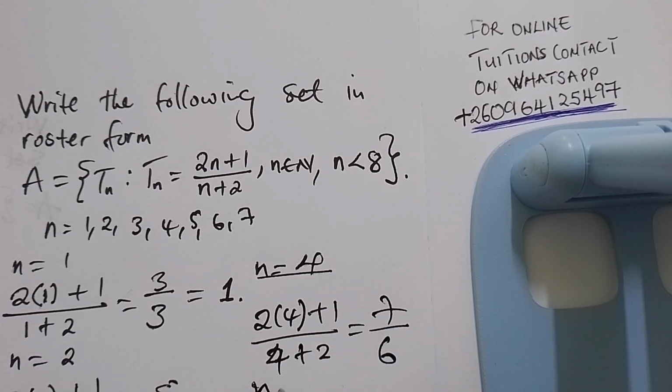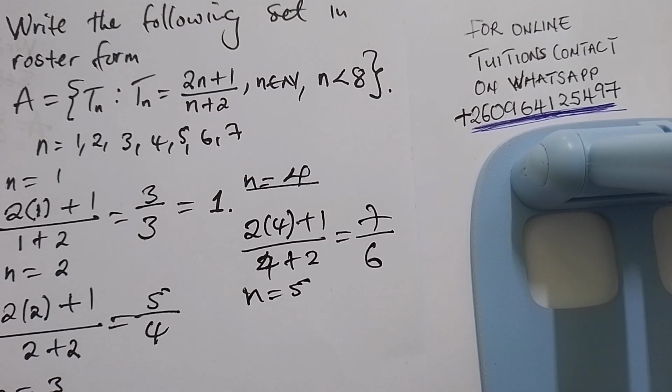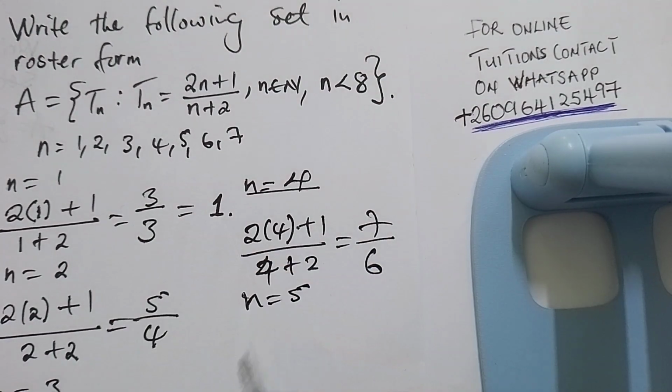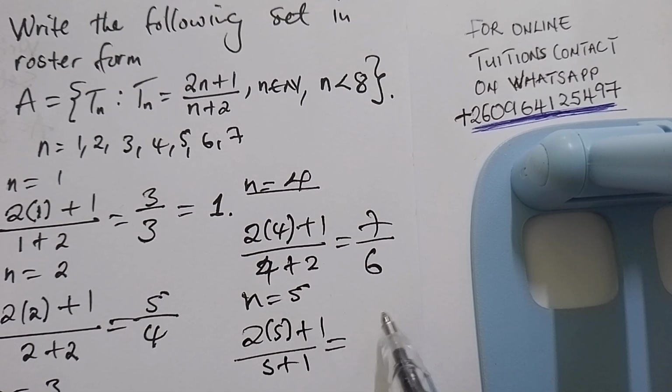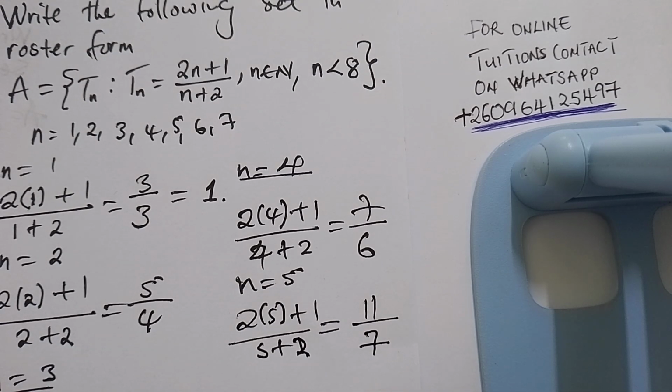We go to the next one, n equal to 5. Substituting there, that is 2 times 5 plus 1 over 5 plus 2. That gives us 10 plus 1, that is 11, over, the denominator there is 7.